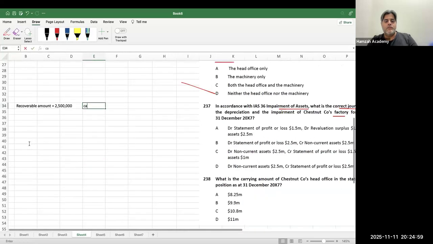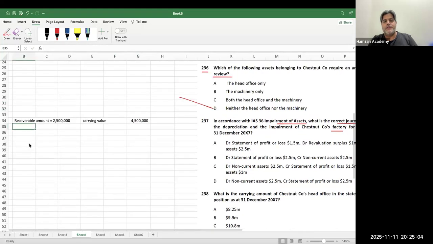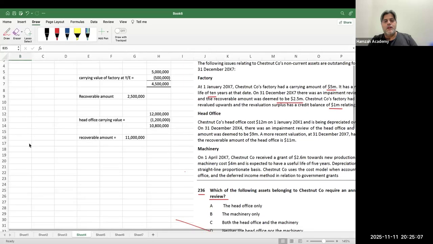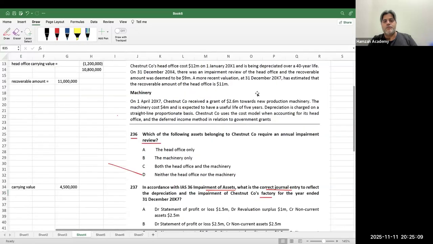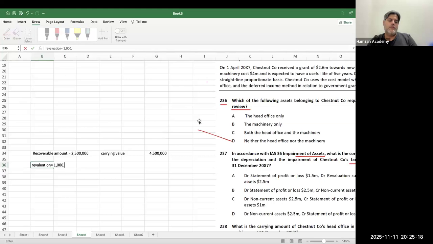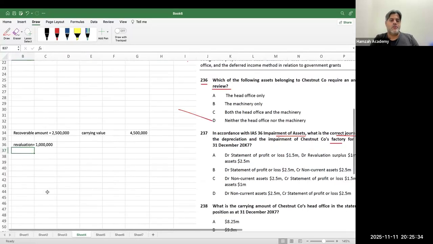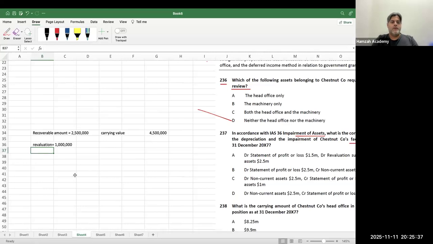We have the carrying value of 4,500,000, and then we have a revaluation surplus over here of 1 million as well. So we have to work out what journal entry is required to reflect the depreciation and the impairment of the asset over here. Now, this is the carrying value, this is the recoverable amount.